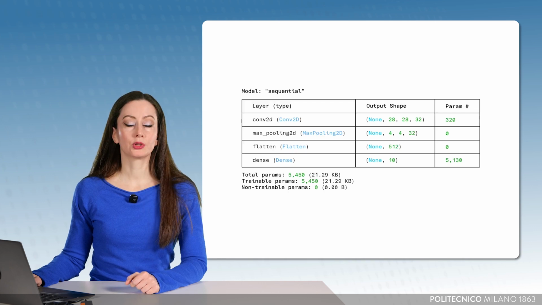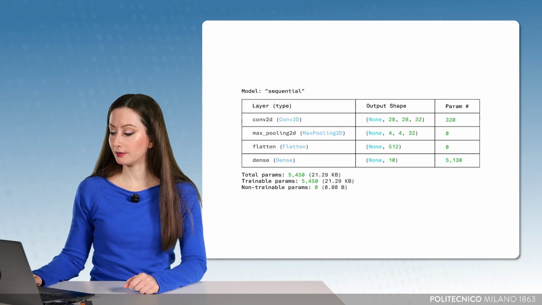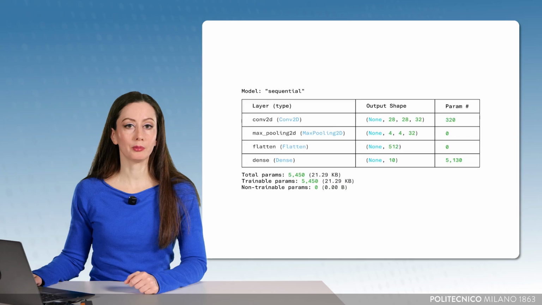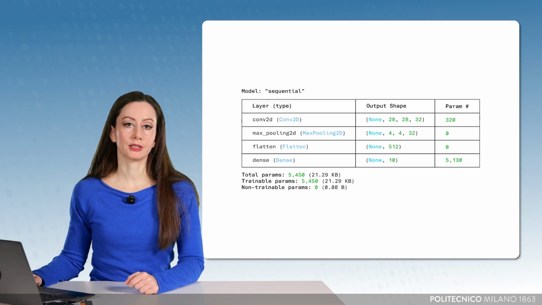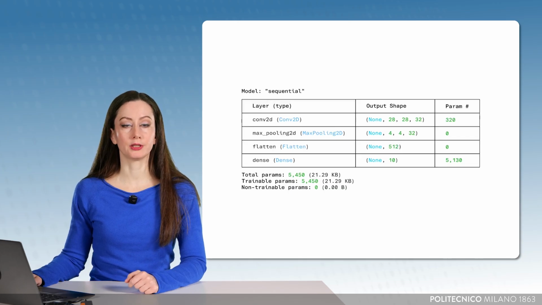We use an approach based on mini batches, meaning that at each optimization step, the network only processes a small subset of the dataset called a batch. And once the optimizer has seen the whole dataset, we say that the training epoch is completed.